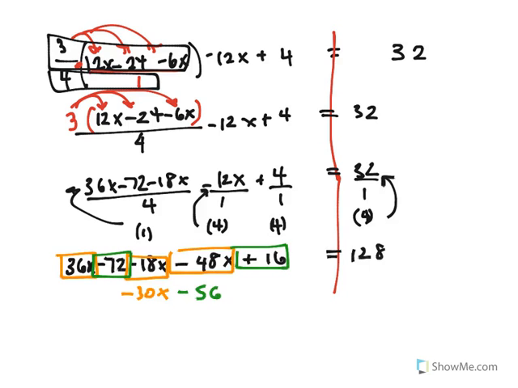minus 56 equals 128. I add 56 to both sides, and I get negative 30x equals 184.